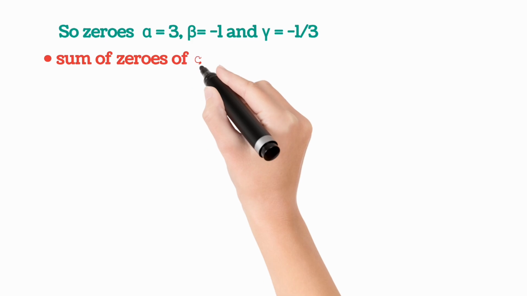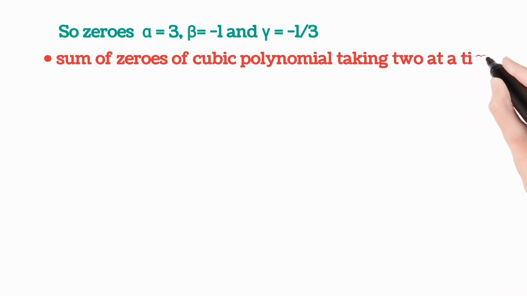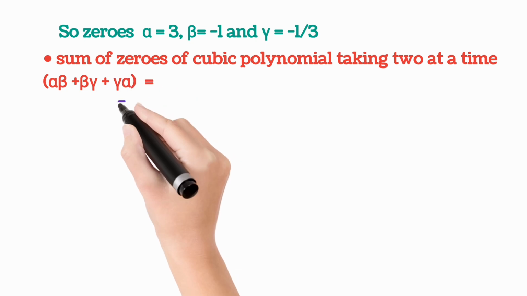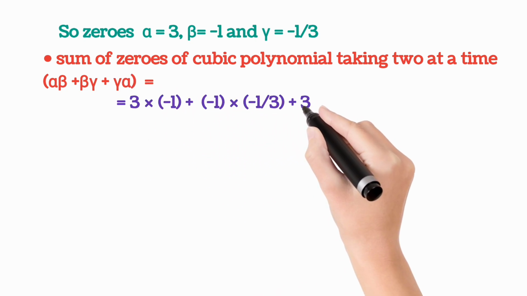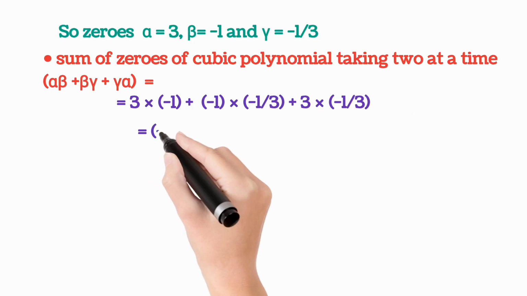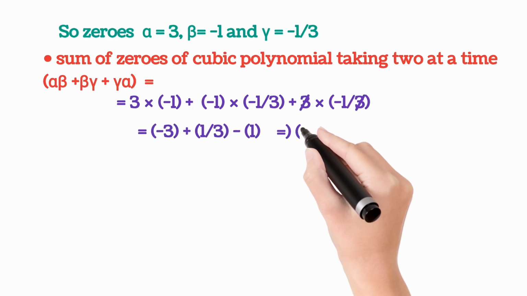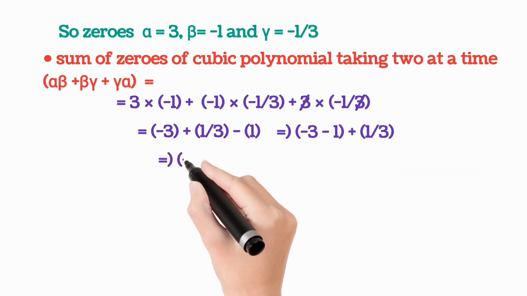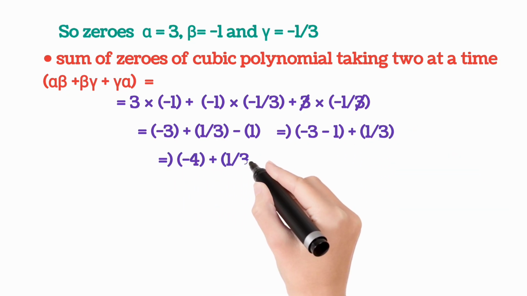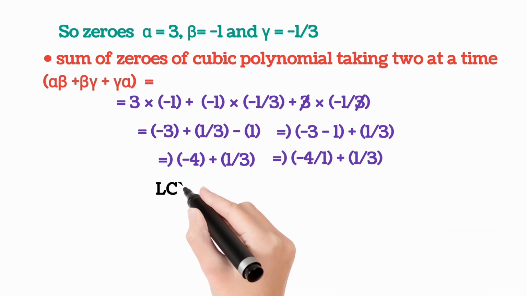Sum of zeros of cubic polynomial taking 2 at a time: alpha beta plus beta gamma plus gamma alpha, that is 3 into minus 1 plus minus 1 into minus 1 by 3 plus 3 into minus 1 by 3, that is equal to minus 3 plus 1 by 3 minus 1, that is equal to minus 3 minus 1 plus 1 by 3, that is equal to minus 4 plus 1 by 3, that is equal to minus 4 by 1 plus 1 by 3.